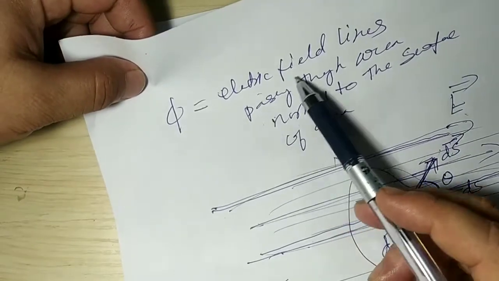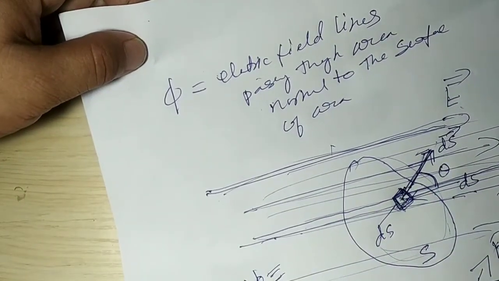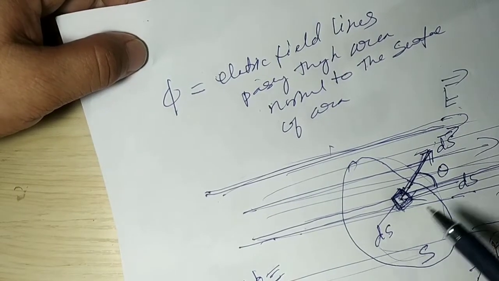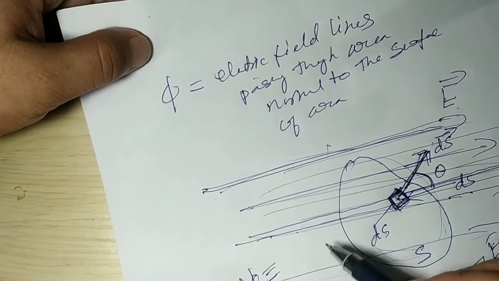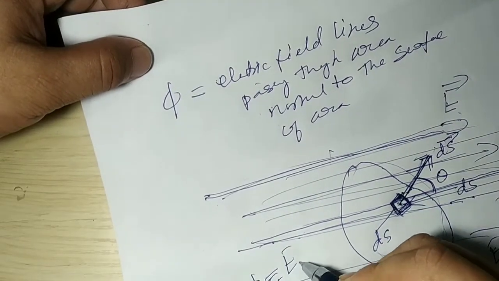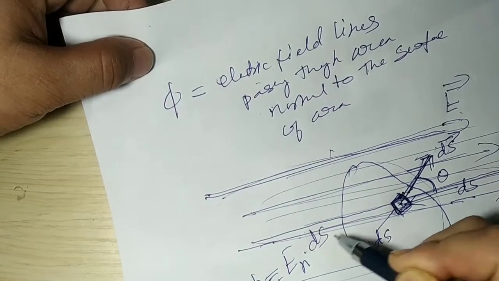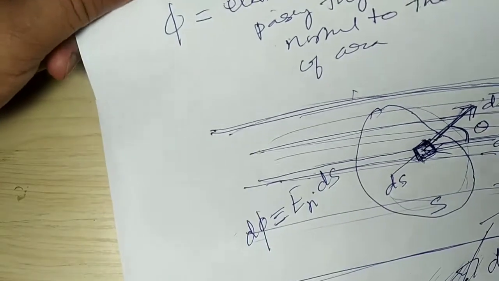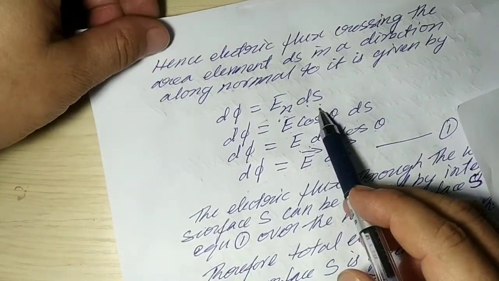According to the definition, electric field lines passing through the area normal to the surface, here area means this small area ds. So the electric flux is En into ds.